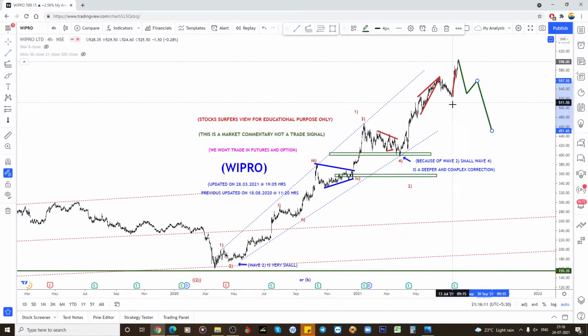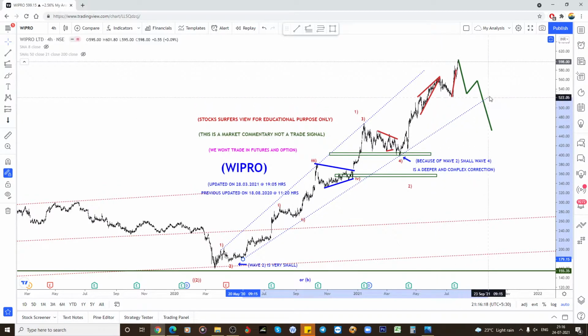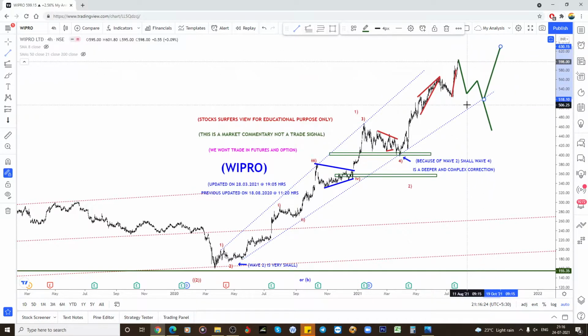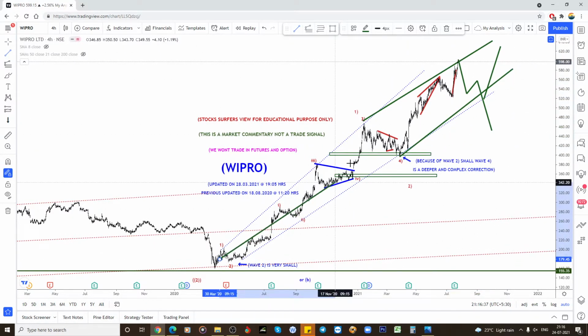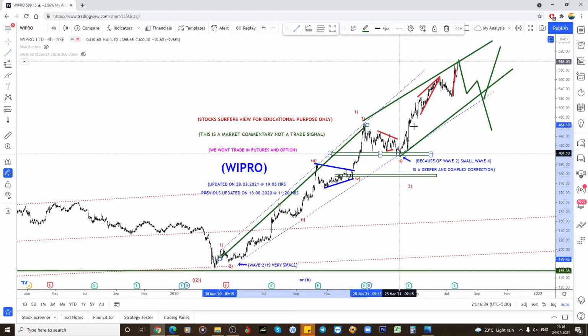But if it keeps going in three-wave structures, and again gets bullish, accepting this and taking it as support, we can try. That's it. I am saying we can try, but later on it will be 1 2, so this becomes 3 and 4 and 5. So this will later become a leading diagonal 1 2 3 4 5.